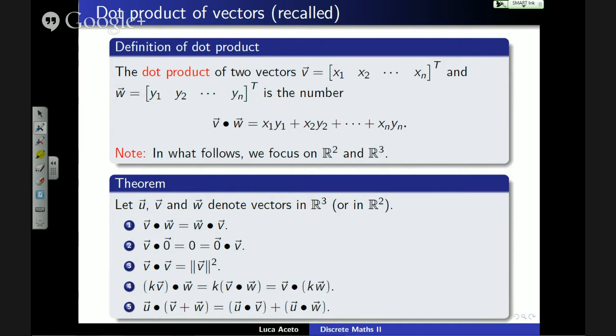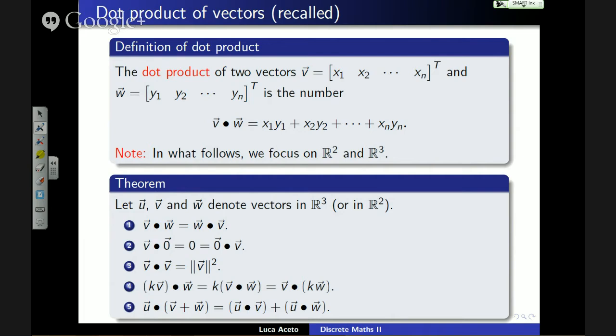So what is this number? Well, it's the number that you obtain by summing together the numbers that you obtain by multiplying similarly positioned entries in the two vectors. So you multiply the first entry in v with the first entry in w, second in v with the second in w, nth entry in v with the nth entry in w. And you sum them all together.